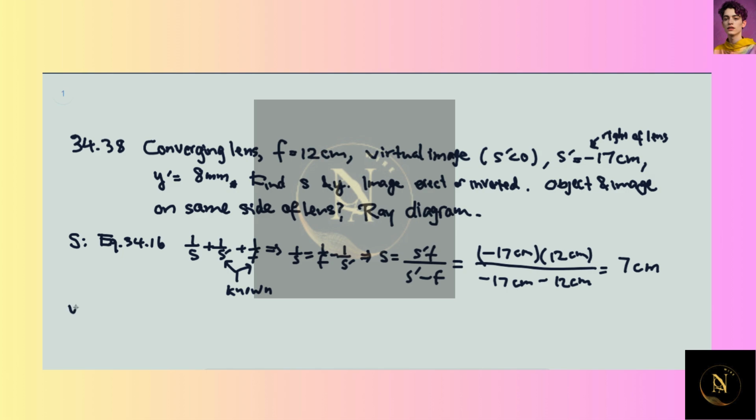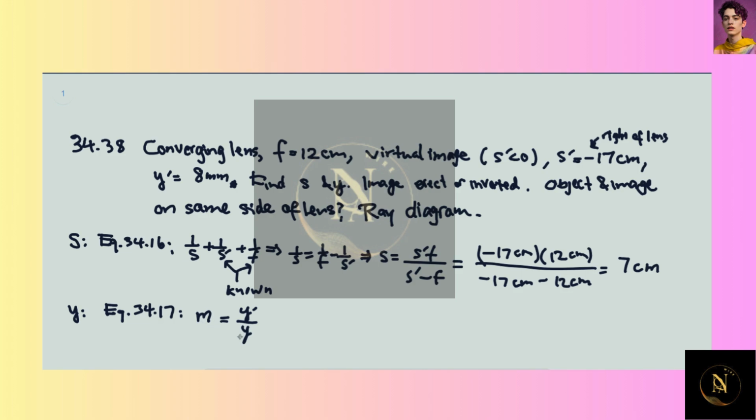Now we need to find the height of the object. So we can use equation 34.17. There we have a new quantity, magnification, which is equal to the image height over the object height.